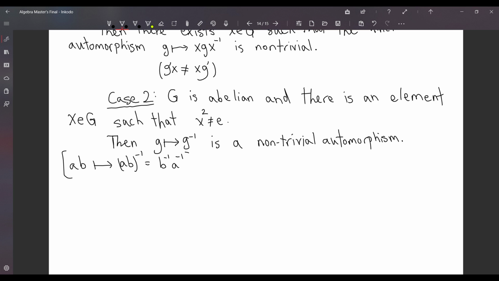So I'll just set that off to the side. And it's non-trivial because X will not equal X inverse, right? So this is why it's non-trivial. This specific X that we are assuming exists in our group.